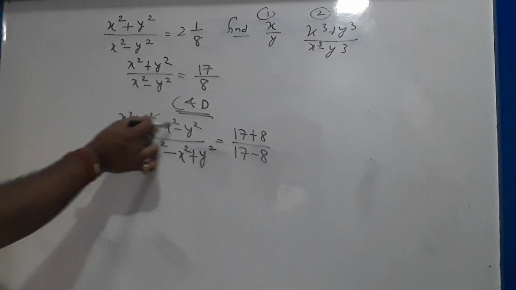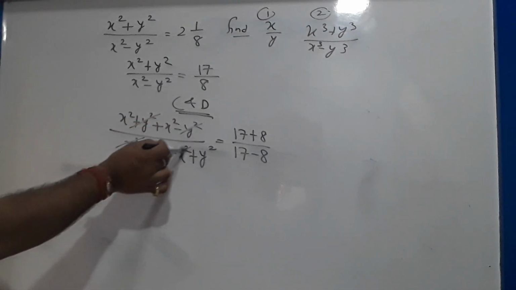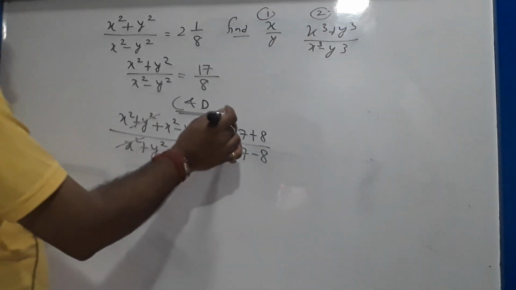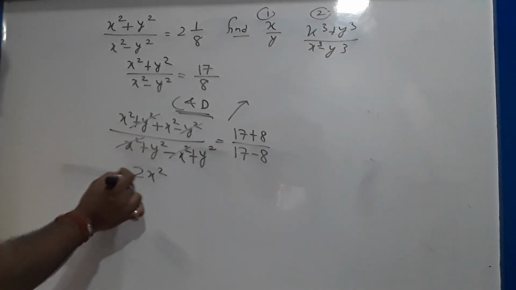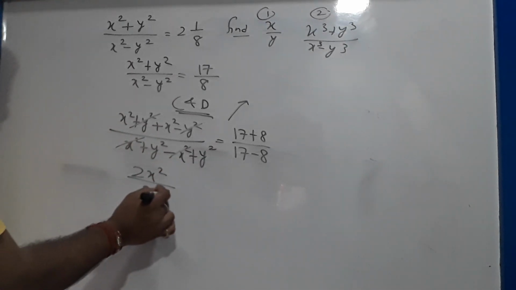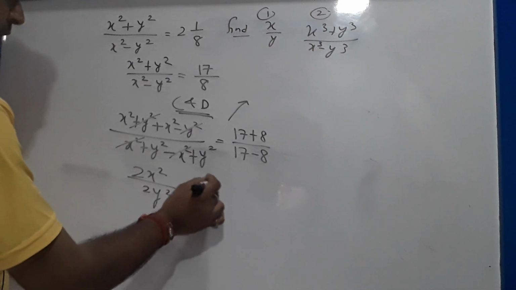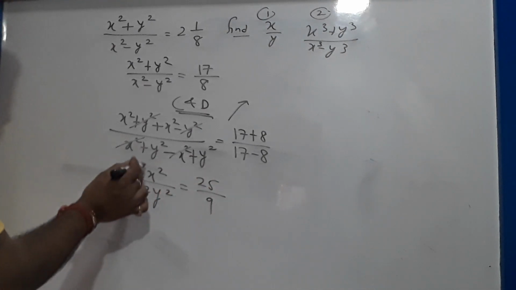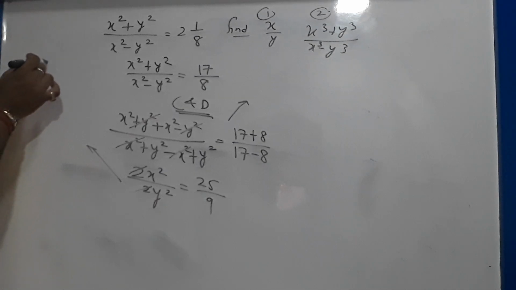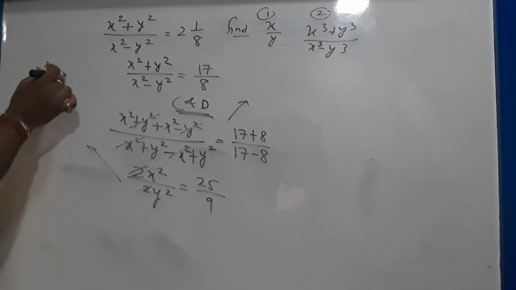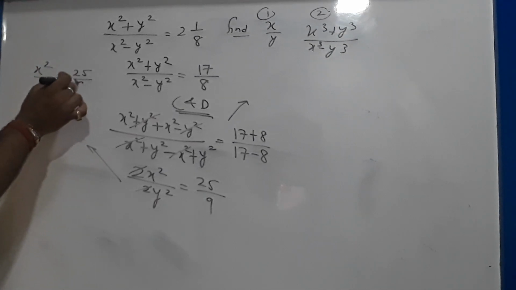So y square gets cancelled, x square gets cancelled. So what do you get? 2x square upon 2y square is equal to 25 upon 17 minus 8, 9. 2 gets cancelled. So we get x square upon y square is equal to 25 upon 9.